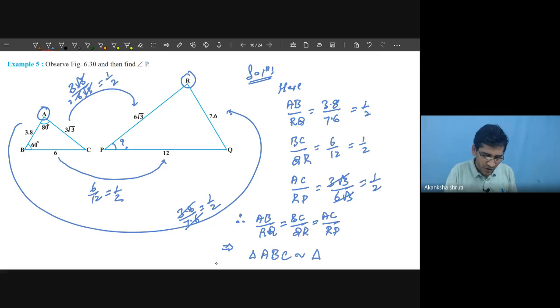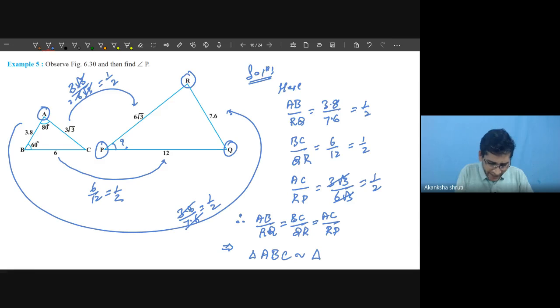Q or R or P, how can we understand? The question is that many times our students are facing some difficulty, but again you have to observe this carefully. By observing this ratio itself, you can say, a student, observe carefully what ratio you have taken here. AB by RQ.